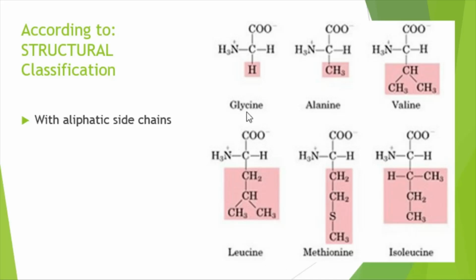So as you can see here, we have your glycine, it has H, alanine, CH3, valine, we have CH3, CH3. We also have your leucine, methionine, and isoleucine. So as you can see, all have hydrocarbons attached to them.